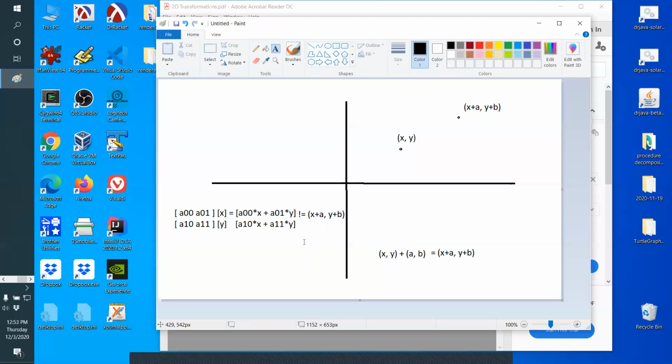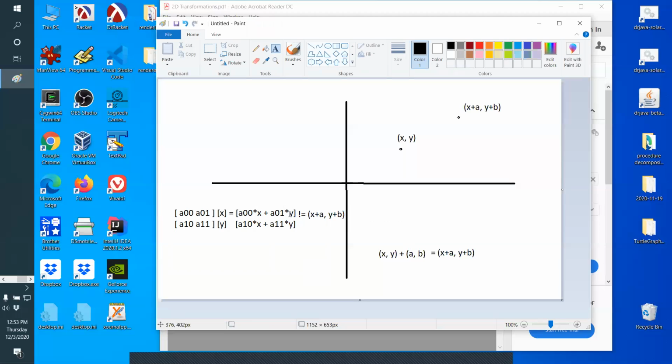There's no way I can get that to equal this left-hand side, because I could make this guy a 1. If I make this guy a 1, I get 1 times x, which is x. But there's really nothing here that I can put here that would give me this a.